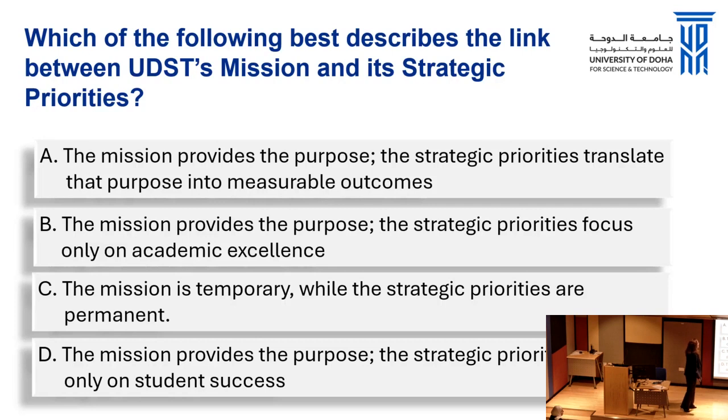Is the mission temporary while the strategic priorities are permanent? Or does the mission provide the purpose, the strategic priorities focus on student success? You would be right. Our mission provides a purpose. Our strategic priorities provide the measurable outcomes.